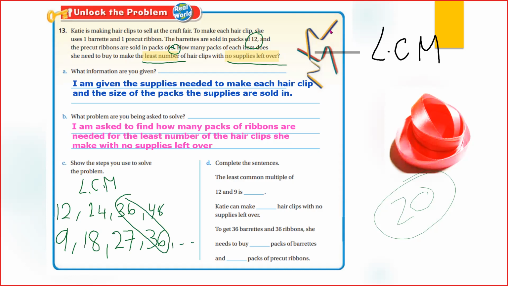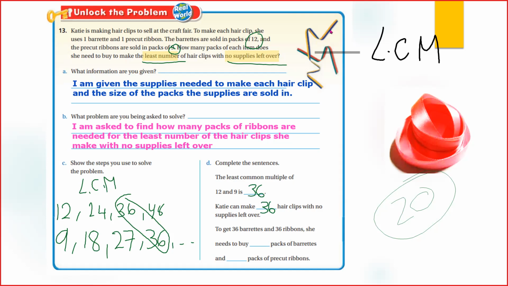That means she will make 36 hair clips from these barrettes and ribbons. So the least common multiple of 9 and 12 is 36, and she can make 36 hair clips with no supplies left.